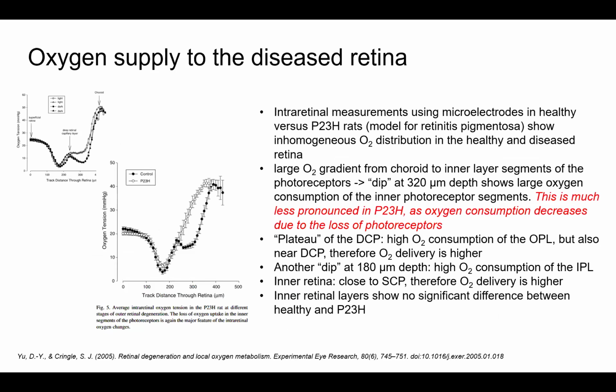Other animal studies using this invasive technique showed that there are differences in the retinal oxygenation between a normal healthy retina and retina with inherited retinal dystrophy, in particular retina with retinitis pigmentosa.